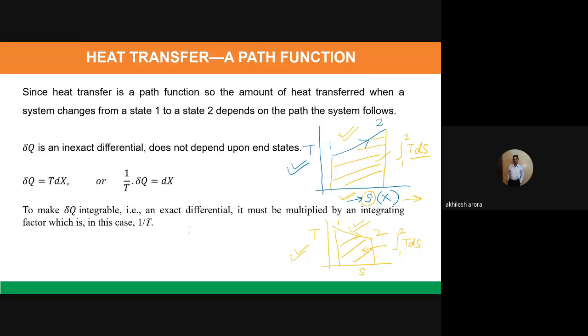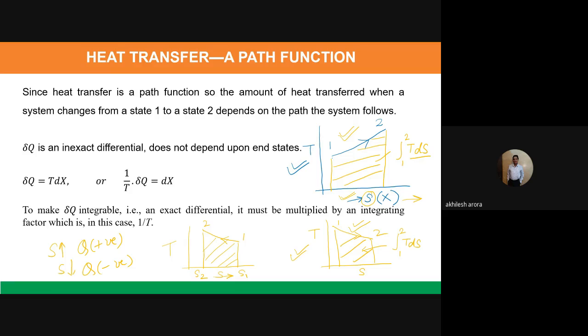If I would have drawn the diagram in this particular fashion, suppose this is the diagram 1 to 2. Now what is happening to the final entropy? This is entropy S1, this is entropy S2, but the entropy is decreasing in this direction. So this area now represents heat lost by the system. So you should always remember, when S increases, Q should be positive, and when S goes down, Q is negative.